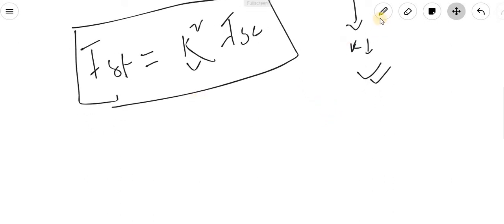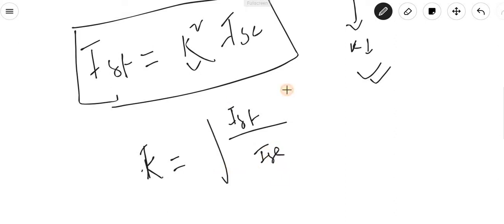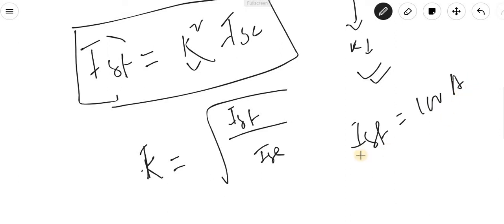Now what will be K? K is nothing but the square root of IST divided by ISC. Clear? But here the starting limiting current is given as 100 ampere.